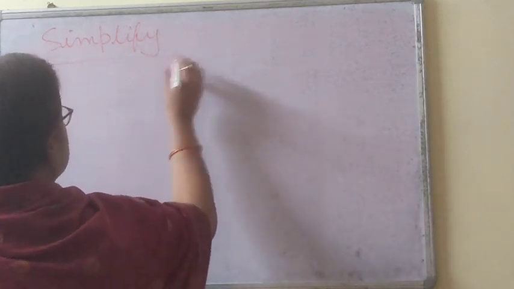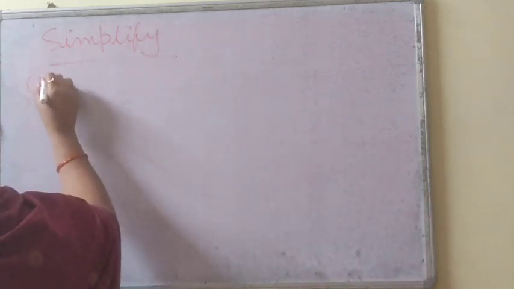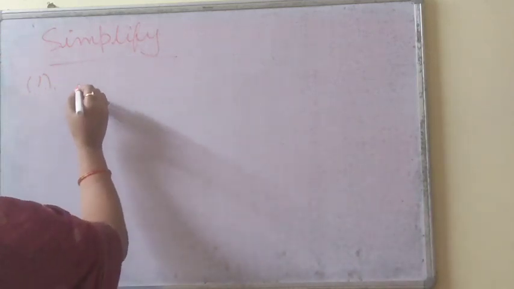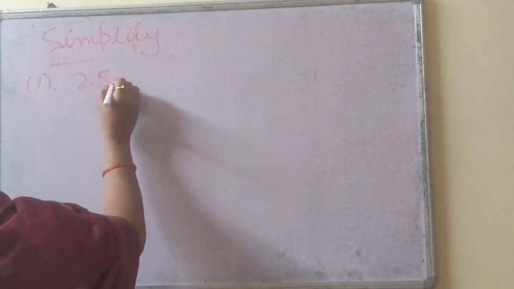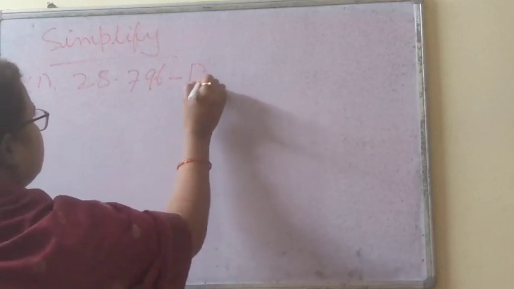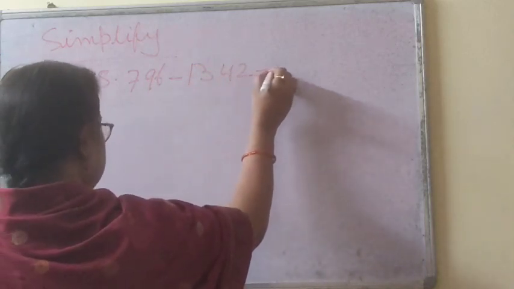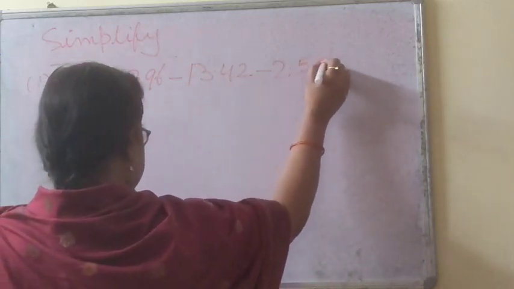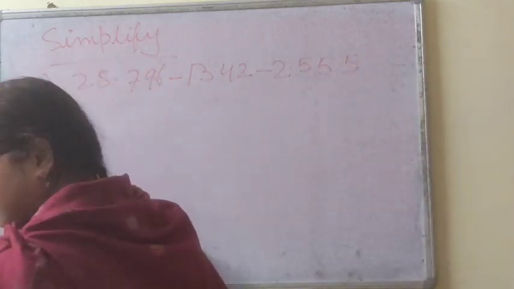So simplify. First one, like 28.796 minus 13.42 minus 2.555. This is the question.